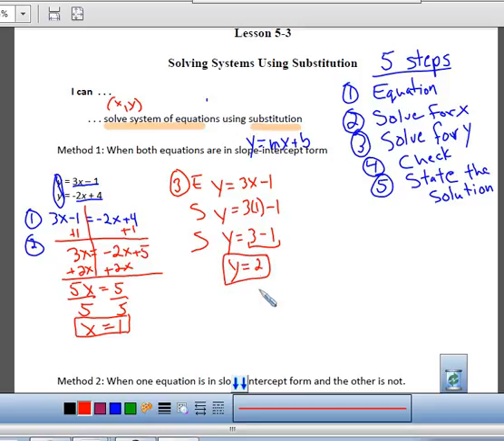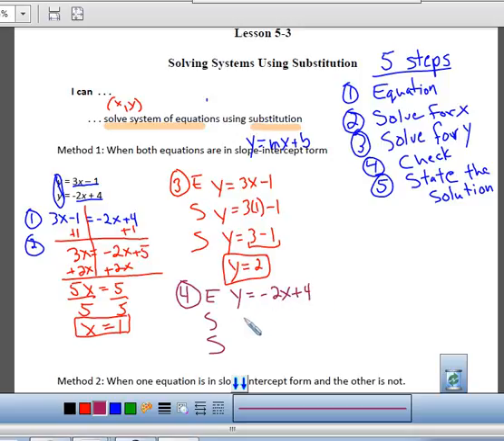Now I have enough for a solution. Before I state the solution, I want to check it. So step 4, I'm going to use the other equation, the one that I didn't use up above for y, and that's y equals negative 2x plus 4.